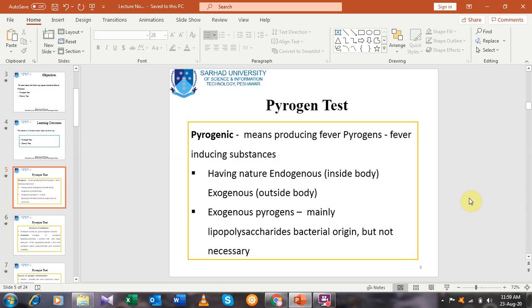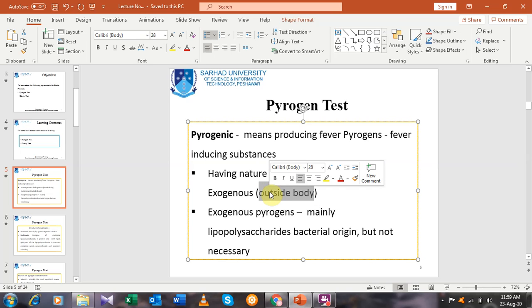Pyrogens have both endogenous and exogenous nature. Endogenous means inside the body, and if pyrogens are outside the body, it means that these are exogenous in nature.